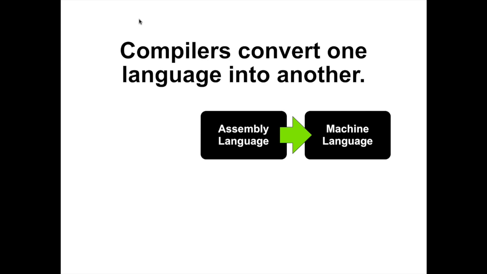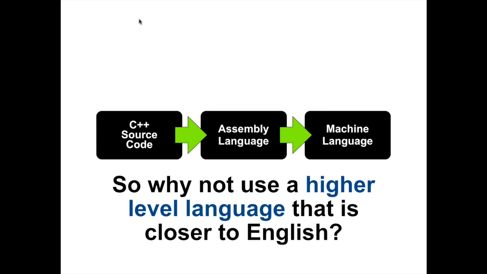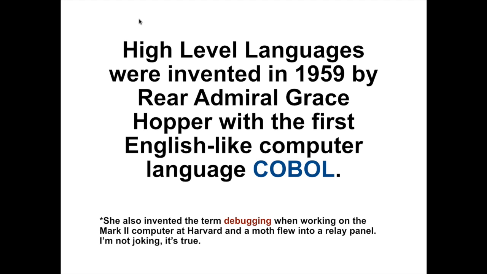We already know that compilers can convert one language into another. So what if we just set up a compiler that could convert some other language, a higher level language, something that's closer to English, into assembly, and then that could be converted into machine language. High-level languages that use English-like words were invented in 1957 by Rear Admiral Grace Hopper, a woman who is at the center of a lot of sort of early computer research and design.